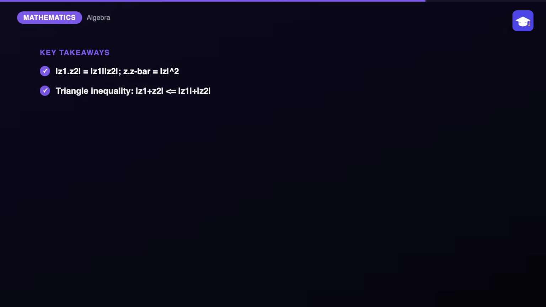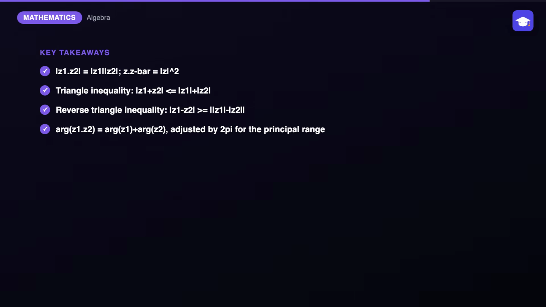Let's recap. Modulus is multiplicative. Mod of z1 z2 equals mod z1 times mod z2. And the identity z times z bar equals mod z squared is extremely useful for simplification. The triangle inequality, mod of z1 plus z2 is at most mod z1 plus mod z2, is used for finding maximum and minimum values of expressions, while argument addition holds only up to adjusting by 2 pi to stay within the principal range.